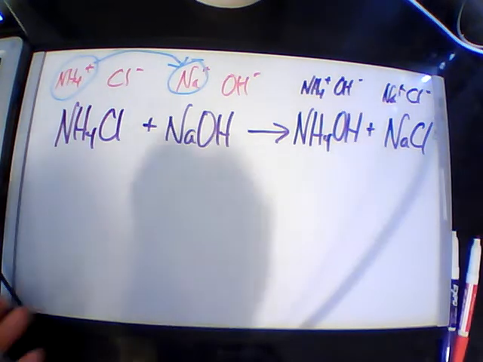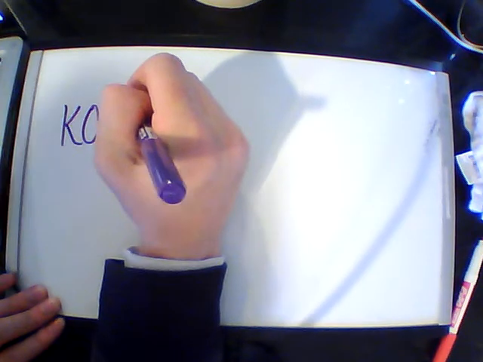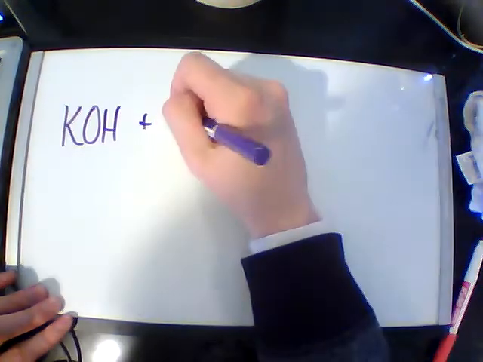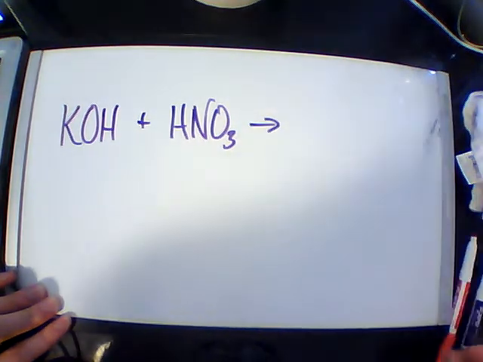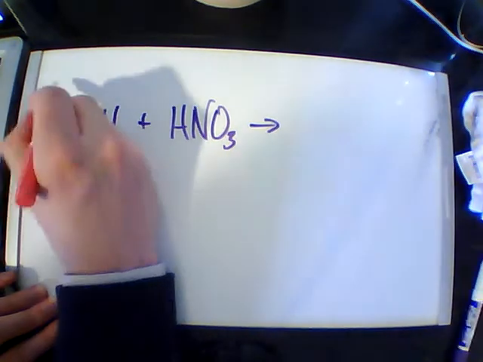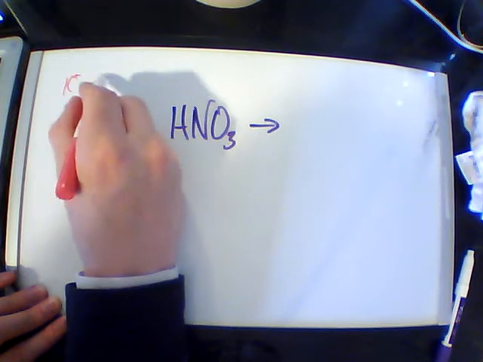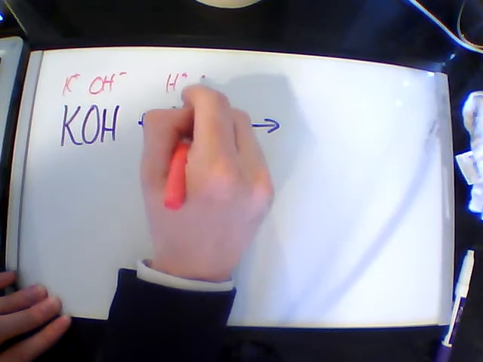Number 5. KOH plus, what do I got? HNO3, nitric acid. In order to switch them, let's figure out what our cations and anions are. K+ and OH-, potassium and hydroxide. H+ and NO3-.